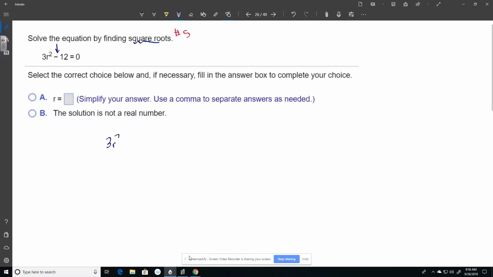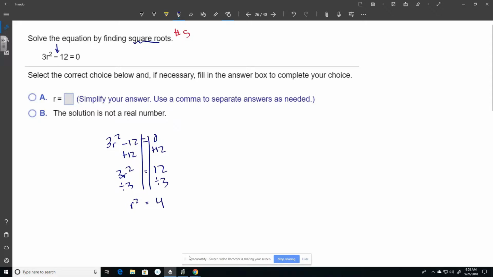So if I take 3r squared minus 12 equals 0, and I'm going to solve by using the square root, I just have to get my squares by themselves. So 3r squared equals 12. To get rid of 3, I divide by 3, divide by 3. So I get r squared equals 4.